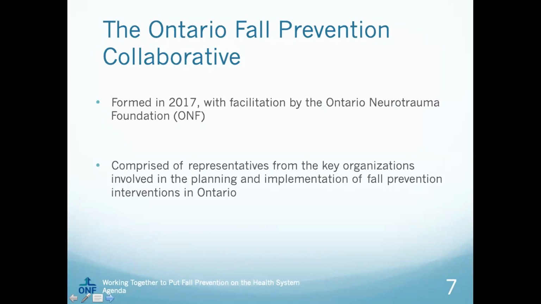In November 2018, just last year, we held a think tank in Toronto, which comprised representatives from key organizations involved in the planning and implementation of fall prevention interventions in Ontario. These included local health integration networks, public health units, non-governmental organizations, professional associations, regional geriatric centers and programs, and clinical teams.